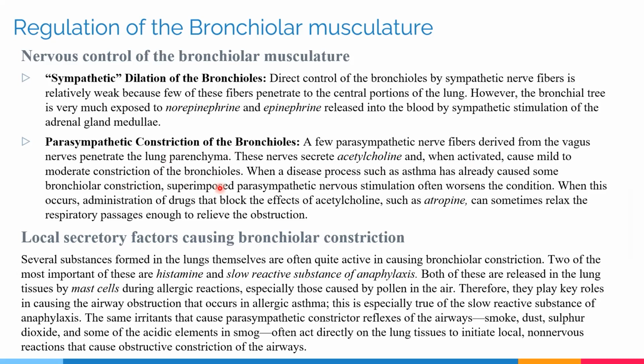When a disease process such as asthma has already caused some bronchial constriction, superimposed parasympathetic nervous stimulation often worsens the situation. When this occurs, administration of drugs which block the effects of acetylcholine, including atropine, can sometimes relax the respiratory passageways enough to relieve the obstruction.